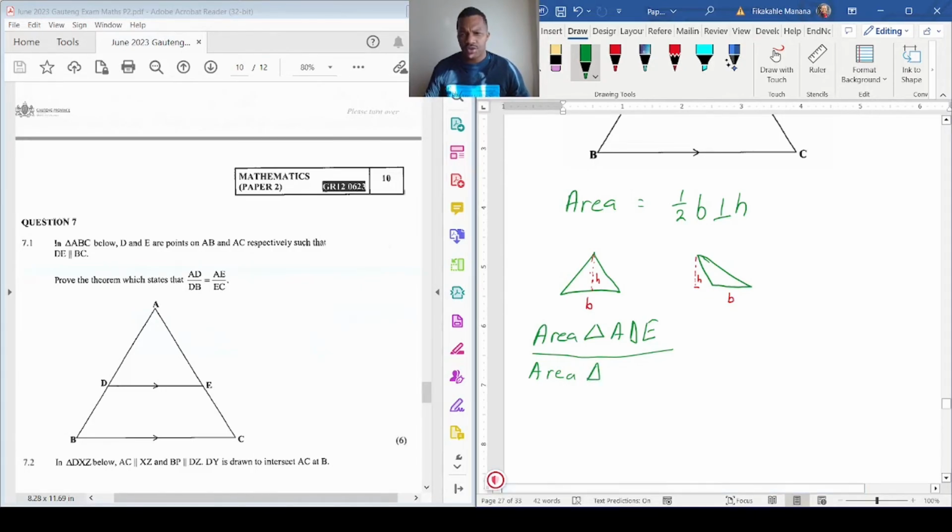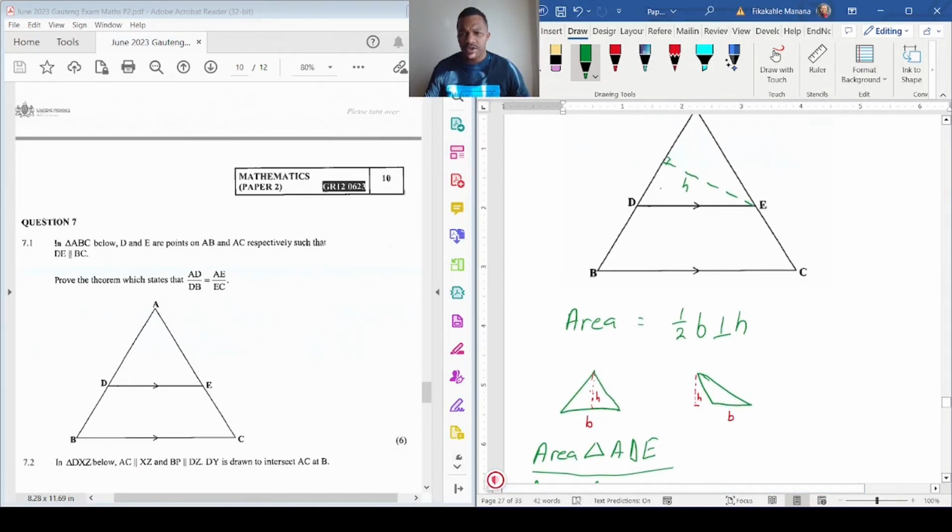Now, what I want to do is construct this obtuse triangle, and I'm gonna call it BDE, which means I need to construct this line again.